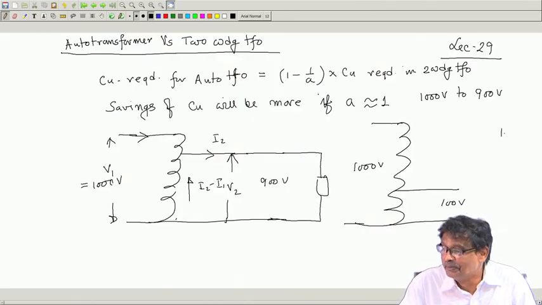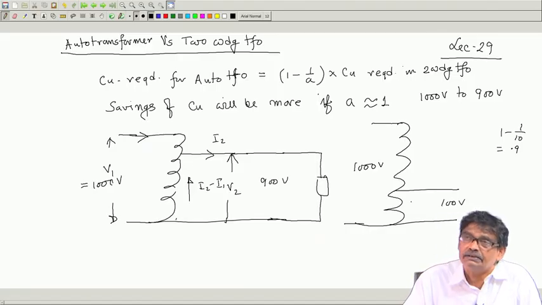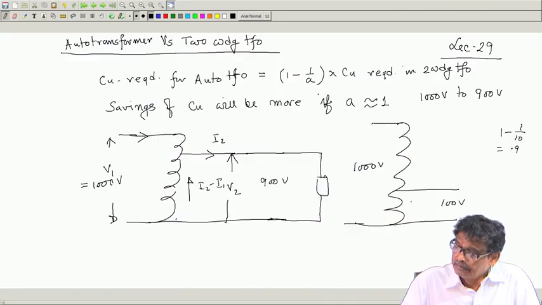So, 1 minus 1 by 10. So, it will be 0.9 only. So, copper required in auto transformer will be 90% of what? Of the copper required for making a 2-winding transformer. But nonetheless, a little saving is there.